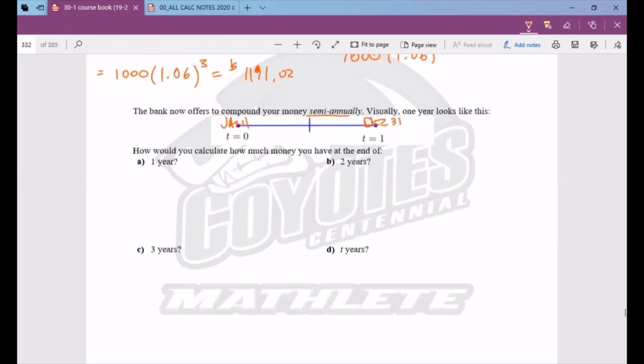So on July 1st, they're going to pay you. Now, do you get all 6% on July 1st? No, because 6% is your annual interest rate. So they're going to pay you 3% on July 1st, 3% on December 31st.